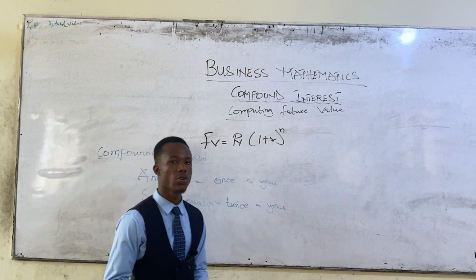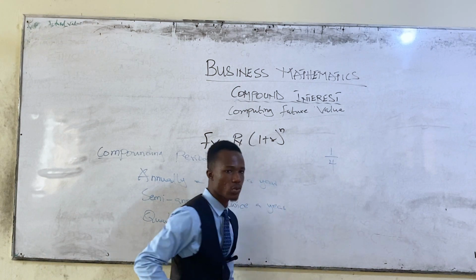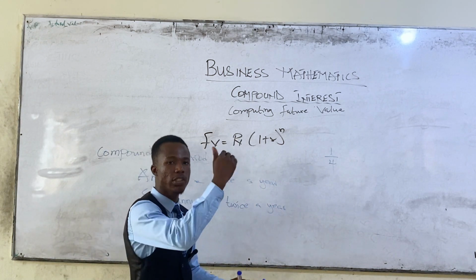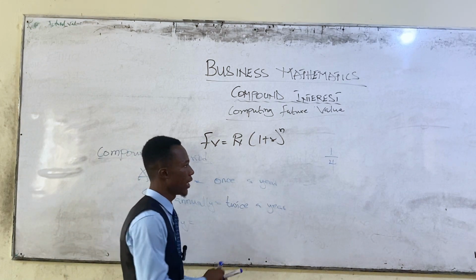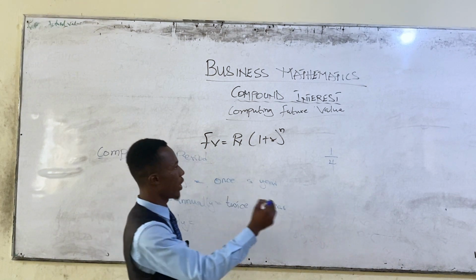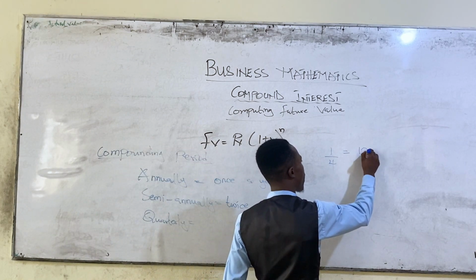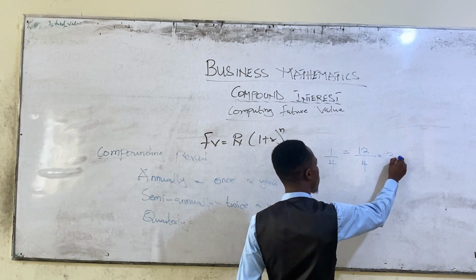Now when we say quarterly, quarter means out of 4. So that is 1/4. So the whole year we have divided by 4. We have 12 months in the year. When you divide the 12 months by 4, you get 3.